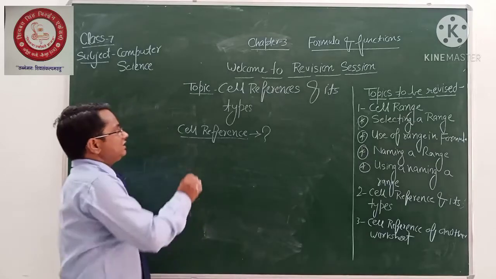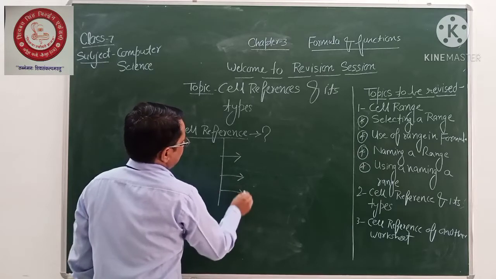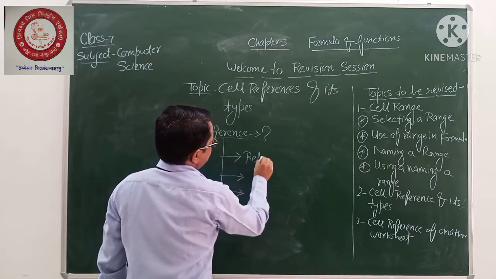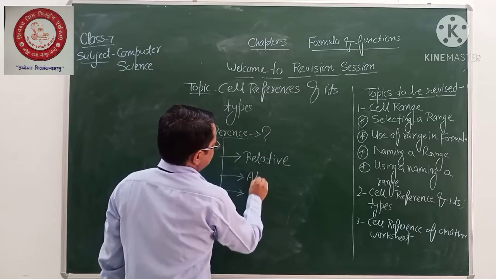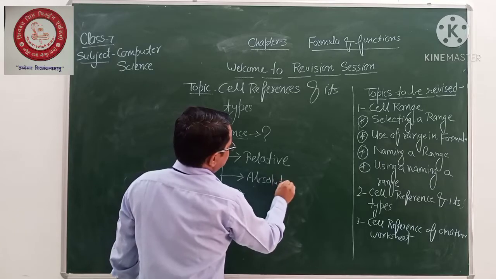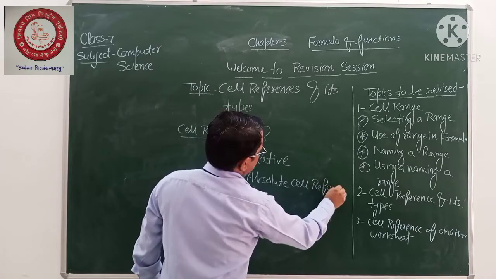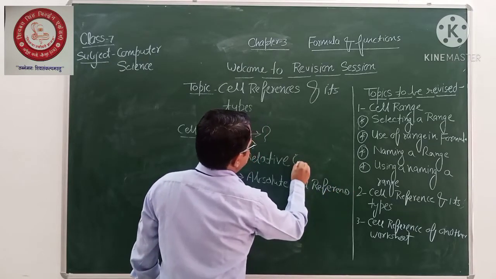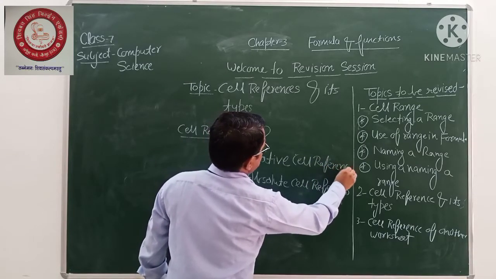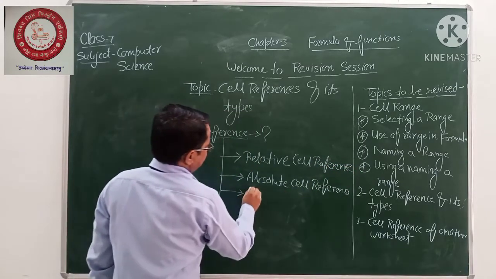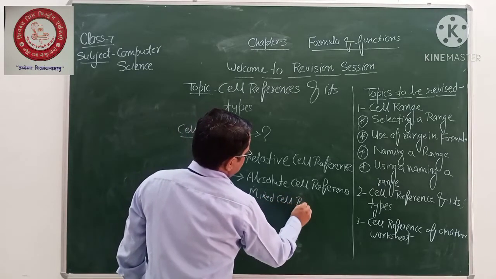Now, the cell reference is of three types. Number one, relative cell reference; absolute cell reference; and the last one is mixed cell reference.